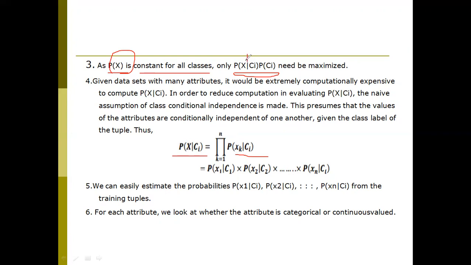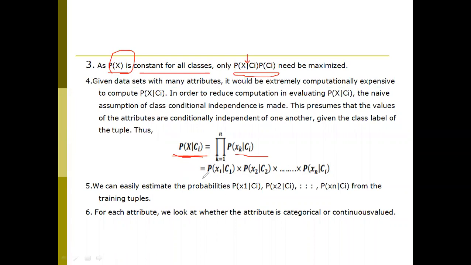If you have multiple values in X, then by using this formula you can calculate P(X|Ci).